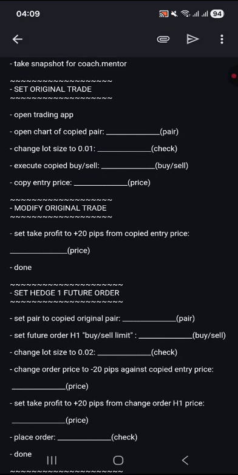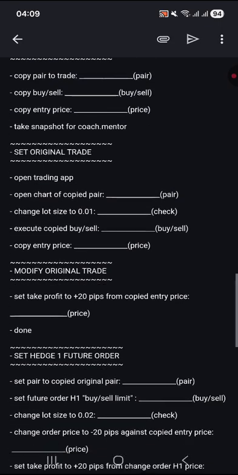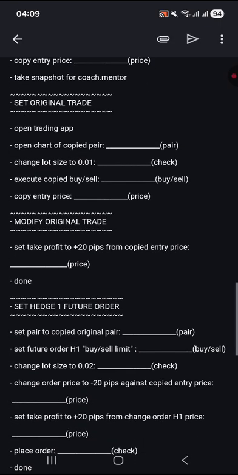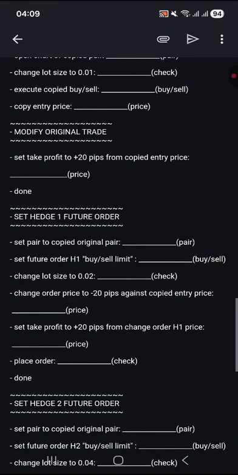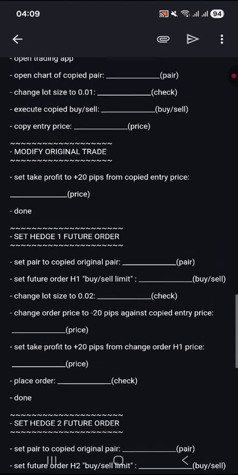I copy the entry price, because your entry price is not going to be the exact same that the signal is giving you. Yours might be better, yours might be worse, but the market might have moved already. So I copy your price right there. And then I modify the original trade. I set the take profit to 20 pips from the copied trade entry price. And then the trade is set.